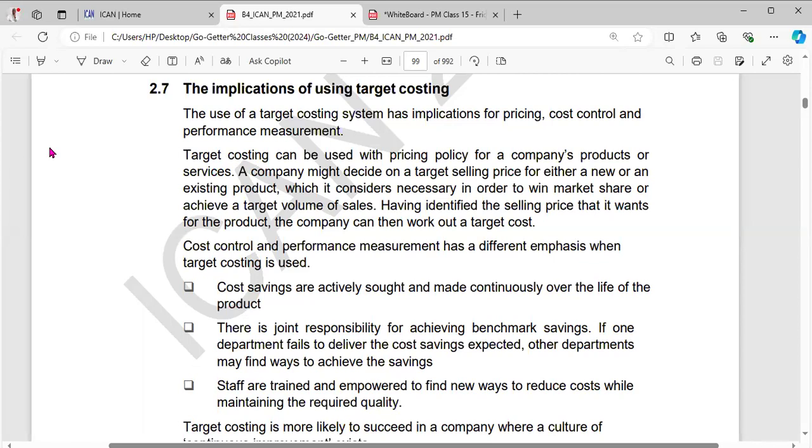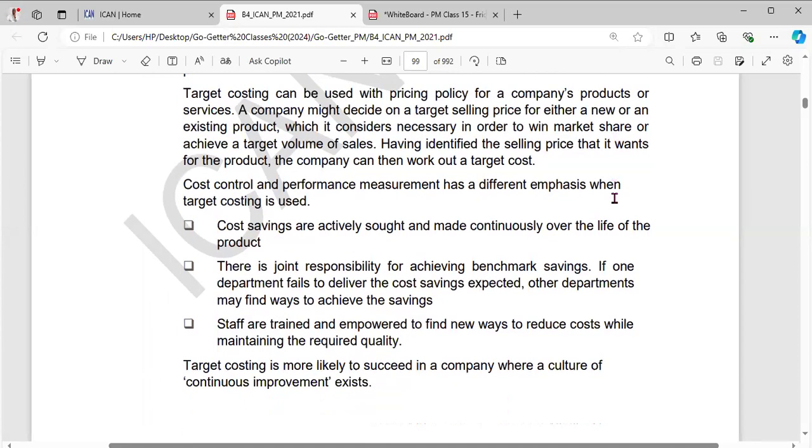Cost control and performance has a different emphasis when target costing is used. One of them is that cost savings are actively sought after and made continuously over the life of the product. So you are continuously trying to reduce your cost, save costs. Then there is the joint responsibility for achieving benchmark savings. So it means that all departments will join hands so that they will achieve a particular benchmark in the overall company.